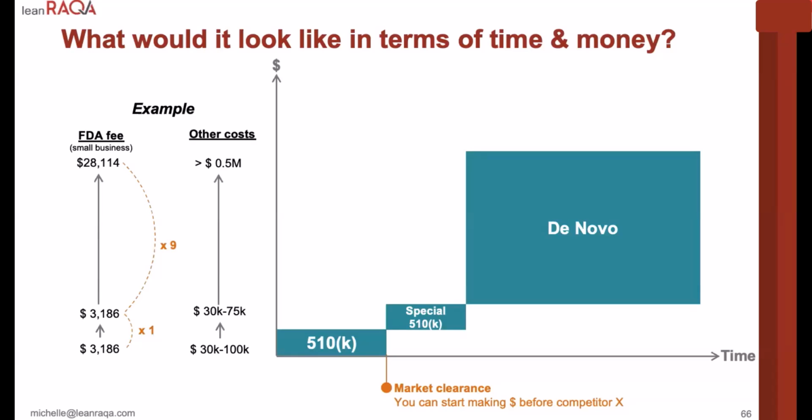In terms of cost, the FDA fees for 510Ks are about $3,100 for small businesses and about $30,000 for de novos. Whereas the testing could be anywhere from $30,000 to $100,000 a pop for 510Ks, and you're looking well over $500,000 to $1 million plus to support a de novo.